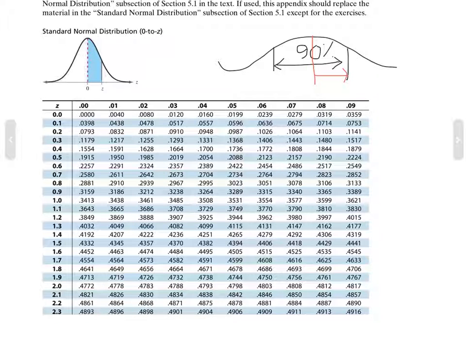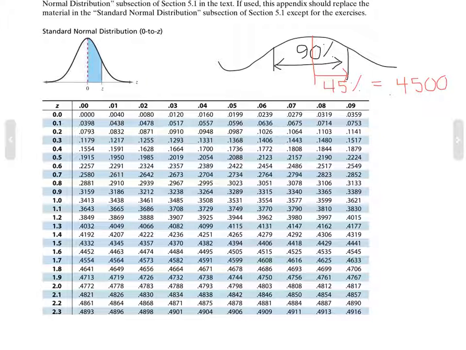So it's going to be half of that 90%, or 45%. If I change 45% to a decimal by moving the decimal point 2 places to the left, that's 0.4500.